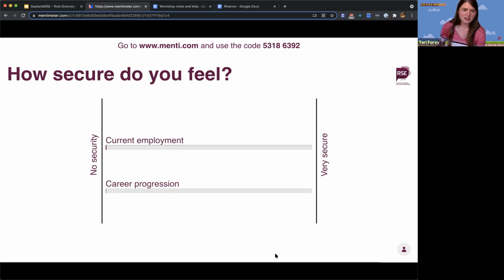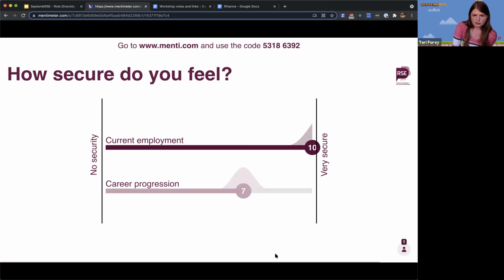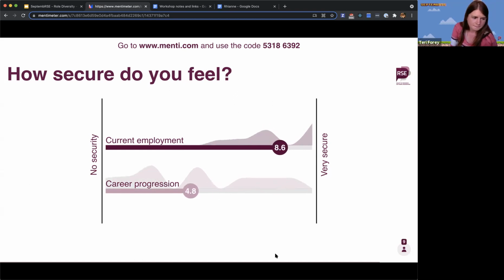So next question, how secure do you feel in your current employment and in your career progression? So do you feel like you have job security in your current employment and security in your career progression and where you're going to go? Someone's saying, yes, I have loads of job security until my contract ends.